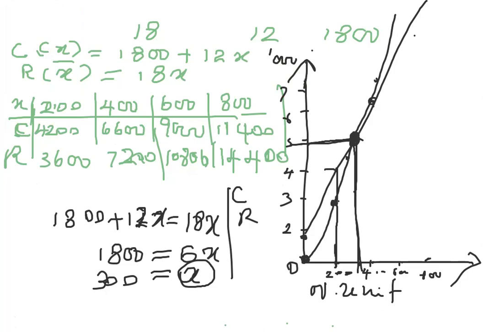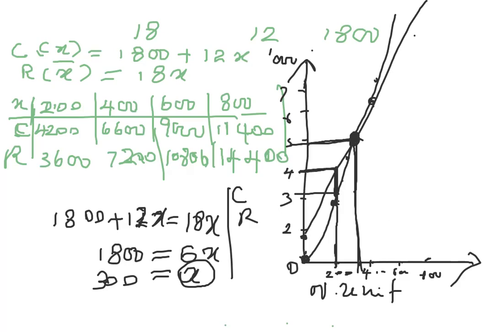Then the difference between these two, because we can see here which one is the larger. The largest one here is cost, but the revenue function goes down. That means we have a loss here, not a profit. The amount is this distance, right?